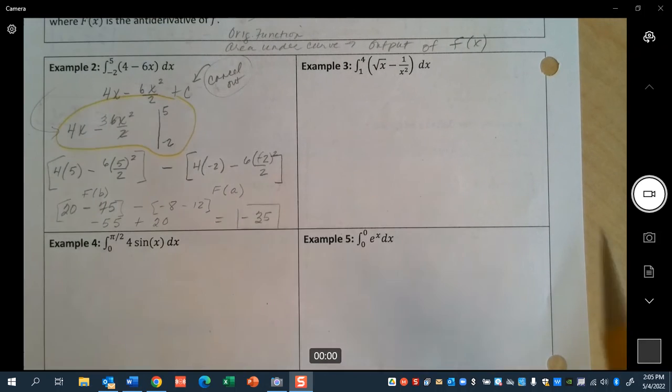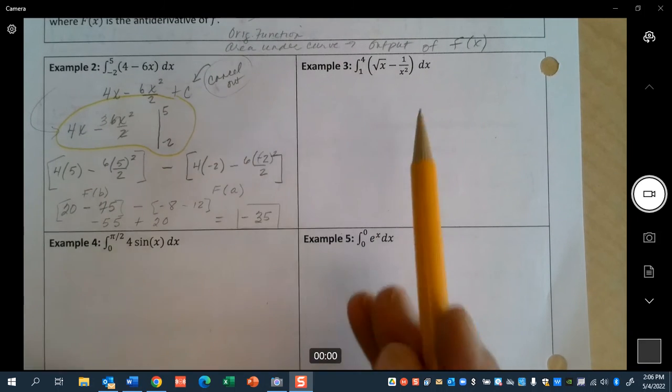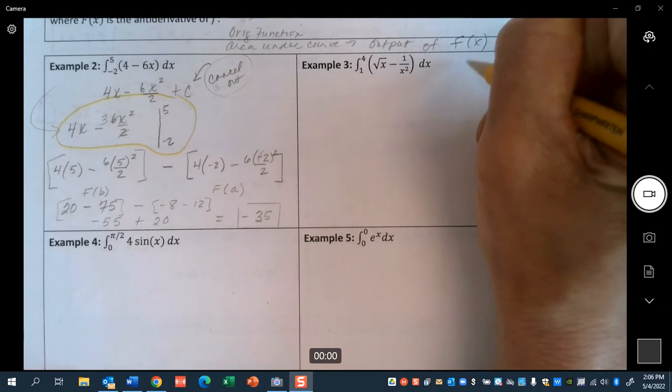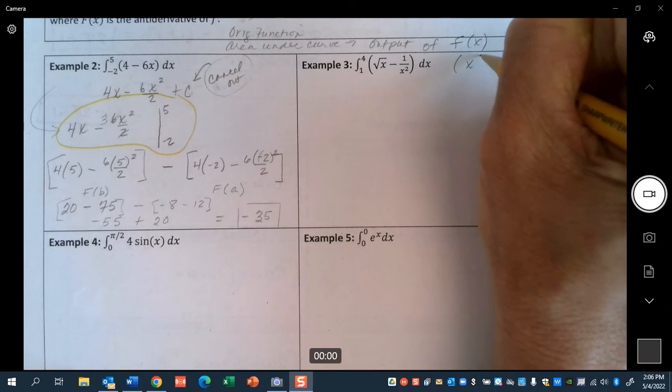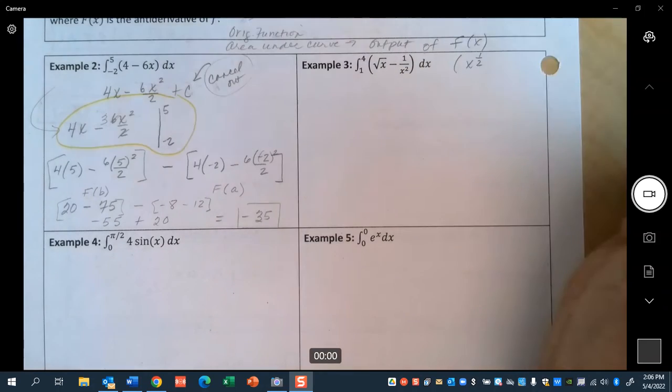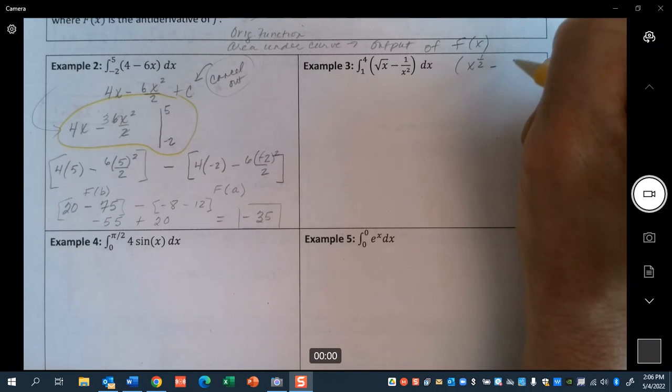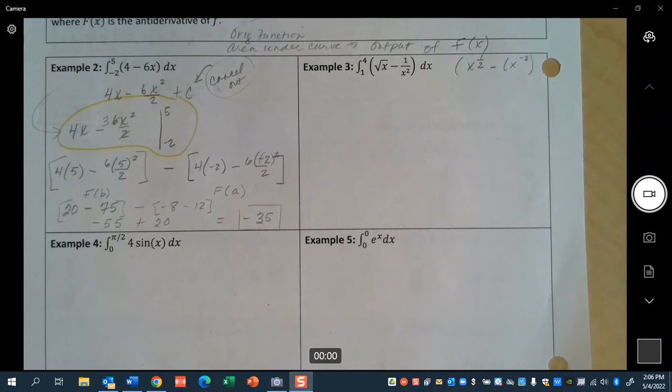So when we go to integrate this, it might help us to go ahead and rewrite this as x to the 1/2 power minus x to the -2nd power. If it's easier for you to rewrite that, go ahead and do that.